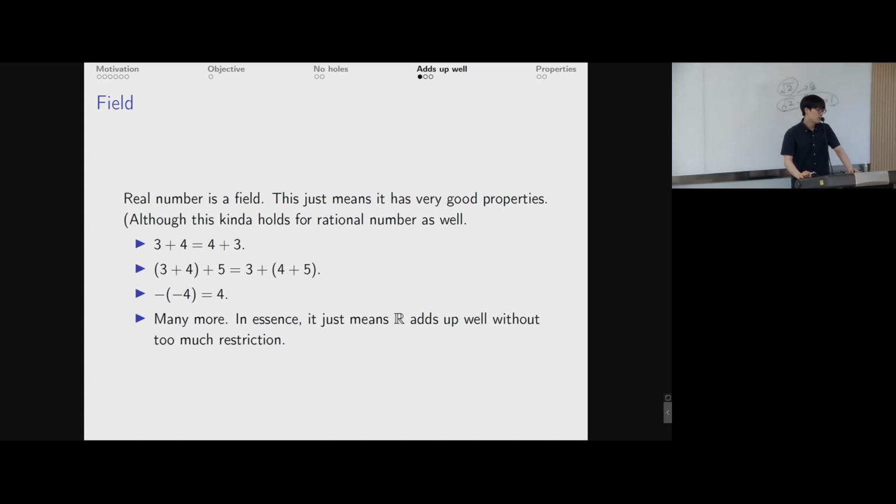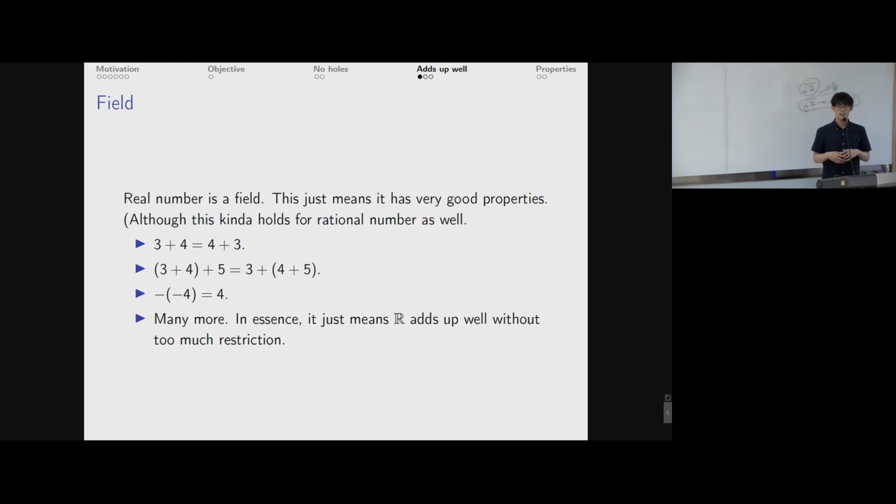Okay, so we already thought about some properties of R in the sense of upper bound and being complete. There's also another property of our real number system that is very nice, which is that the real number system is a field. So what is a field? Some of you might already know this, but to be as simple as possible, this just means it has very good properties.